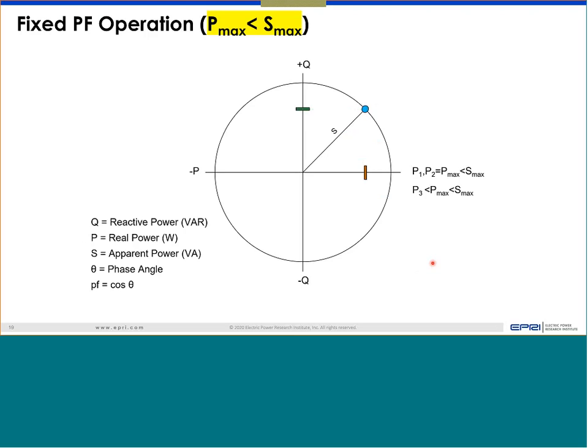So these two slides I'm just trying to highlight the importance of inverter design, how the manufacturer puts the rating of the inverter. If P and S max are the same, potentially there will be more energy loss due to reactive power support.